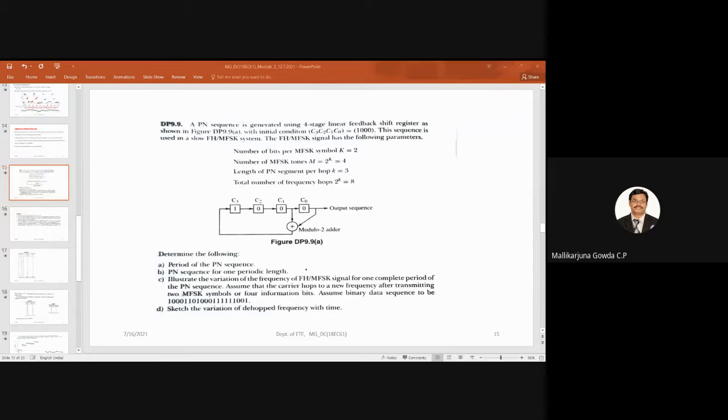After the first clock pulse, what is the second sequence? After 1 0 0 0, the output sequence will be what? For the first clock pulse, I get the output sequence bit as 0, right? What is the next one? So 0 XOR 0 is 0 only, no? So that will be fed as input to C3. Yes or no? Yes, sir.